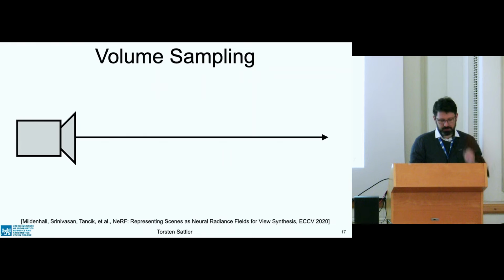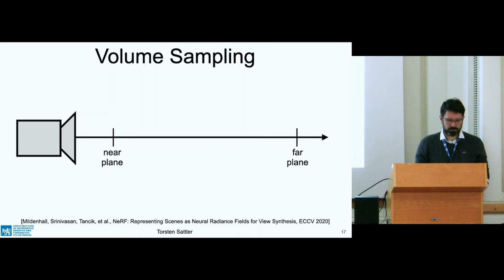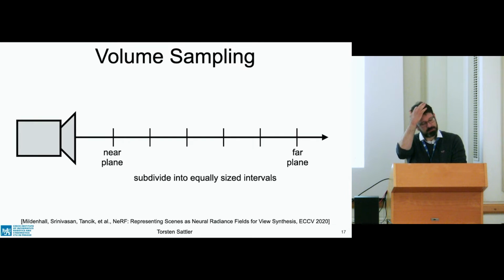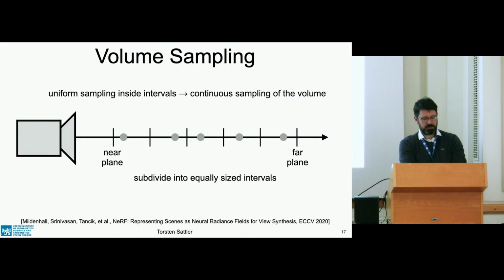If you sample along the ray, then you typically assume that you know roughly how far away the camera is from the scene. So you can define a near plane and a far plane, which says I'm only interested in sampling values in between. And you would subdivide the distance between the near and far plane into equal intervals. Then during training, rather than sample at fixed positions, for each interval you would randomly select some point in this interval.